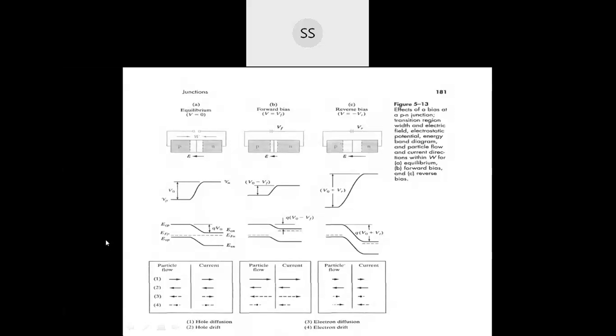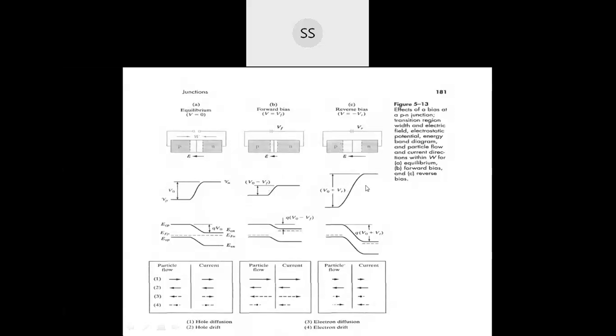So under reverse bias condition, what happens? The diffusion current is completely negligible. It is because of the large potential values. So therefore, the summary is here. Whenever you forward bias, you observe the diffusion current, whereas the drift current magnitude is very small.